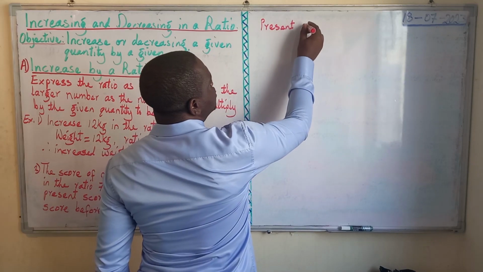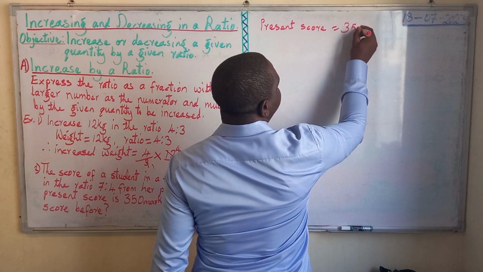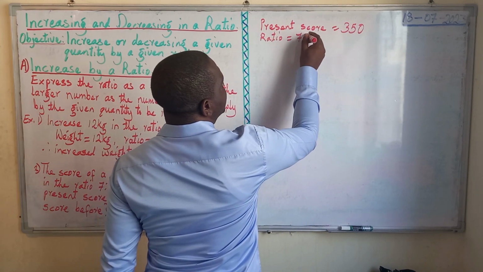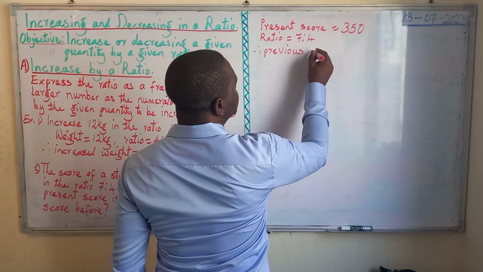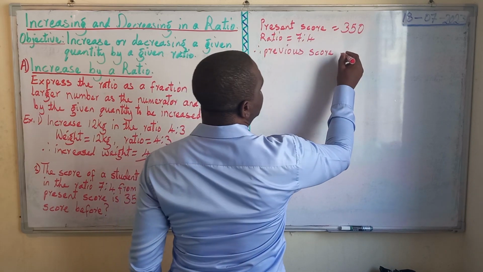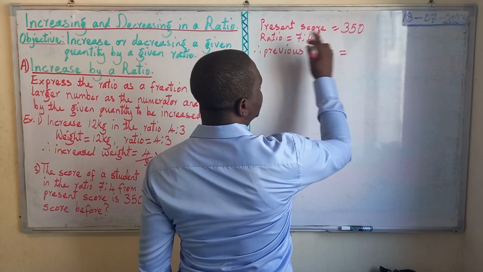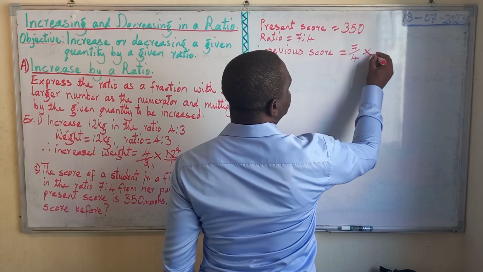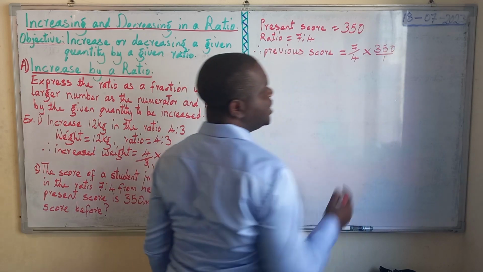Present score or present mark is equal to 350. Ratio is equal to 7:4. Therefore, previous score or previous mark will be equal to, if we are supposed to increase, then the bigger number should be above, 7/4, and we multiply by the present score, which is 350/1.